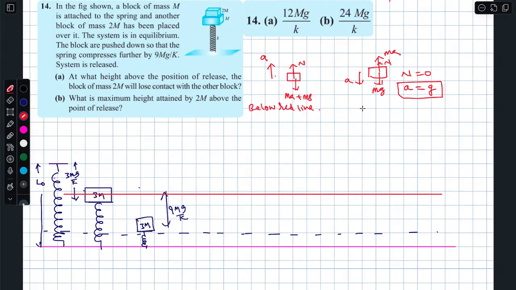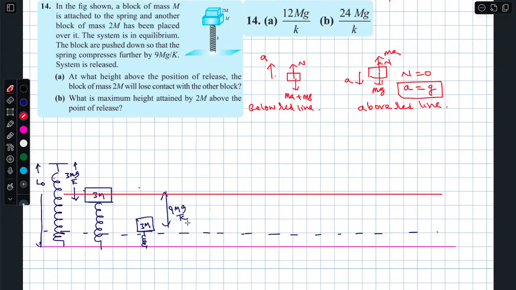And this happens above the red line. Below the red line, we have nothing to discuss. We will discuss anything above the red line.